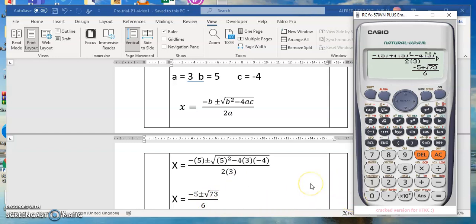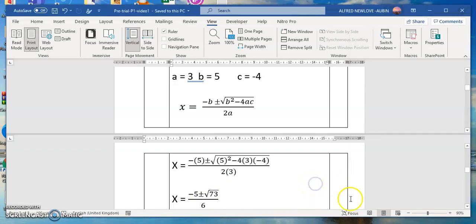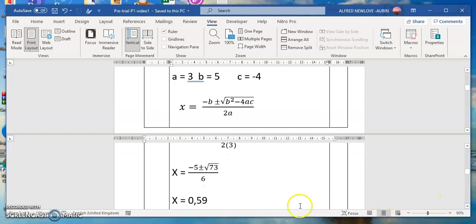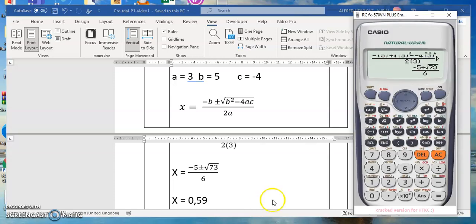Then what we are going to do is we need the marks. We need the answer for the plus. So when you press equal, you have this. Press the SD. You see that you are going to have 0.59. They said 2 decimal place, so 0.59.